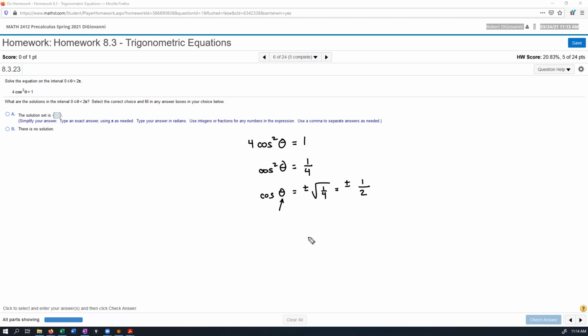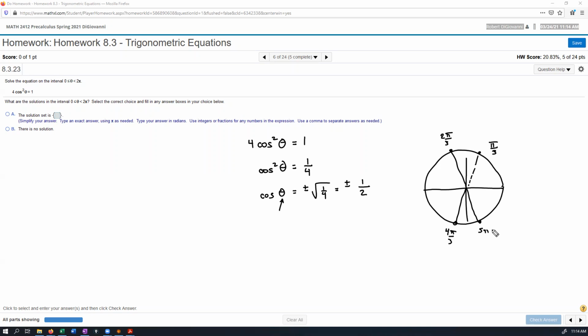And again, my argument is just theta, so I'm just going to look at this unit circle. X is going to be positive or negative 1/2. So that would happen here, here, here, or here. So this is pi over 3. This is 2 pi over 3. This is 4 pi over 3.